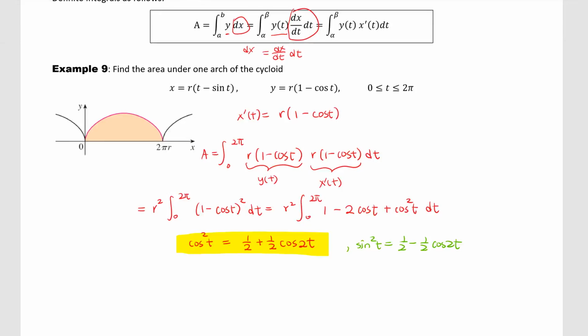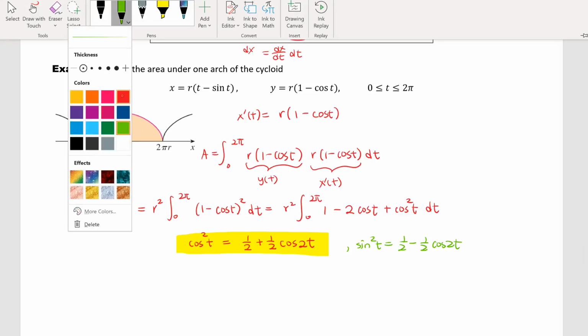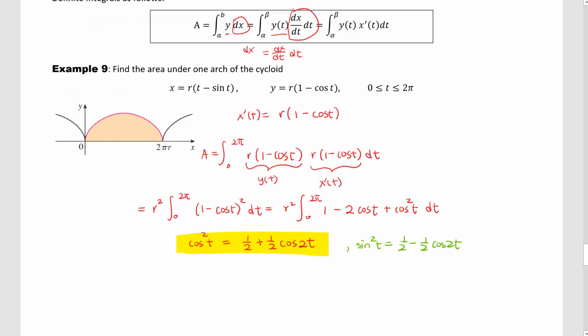Okay, let's continue. So we have r squared times 1 minus 2 cosine t plus 1/2 plus 1/2 cosine 2t. So this 1/2, add this one, they give us 3 over 2.